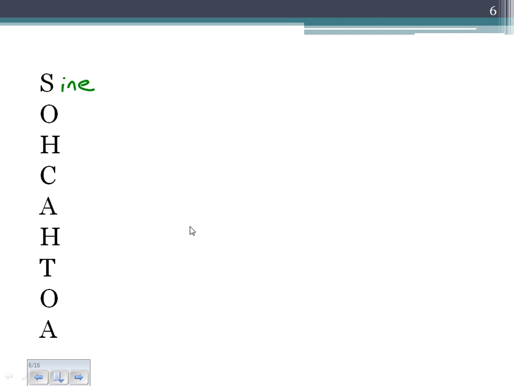The O stands for opposite, as in, when a side is opposite of the other one. The H, what's the word that starts with H that we use a lot in this chapter? Hypotenuse.